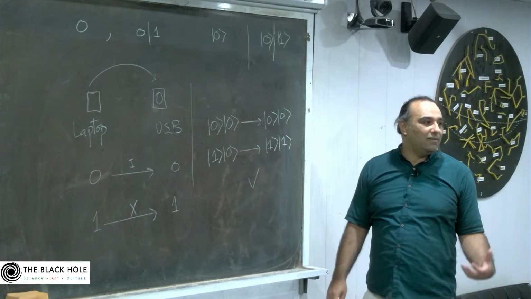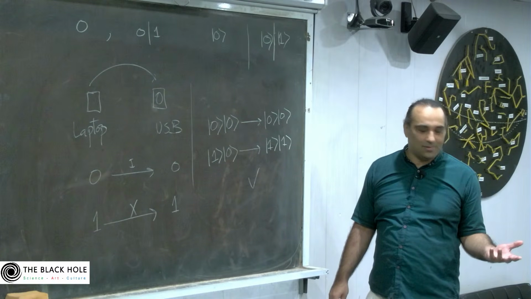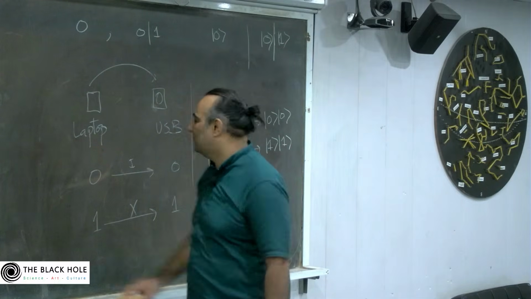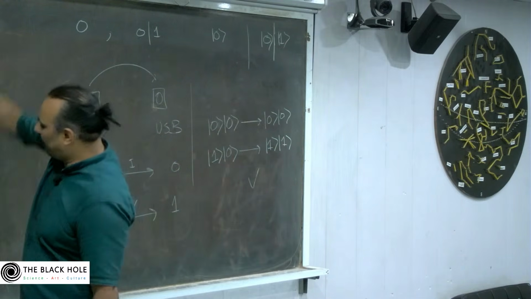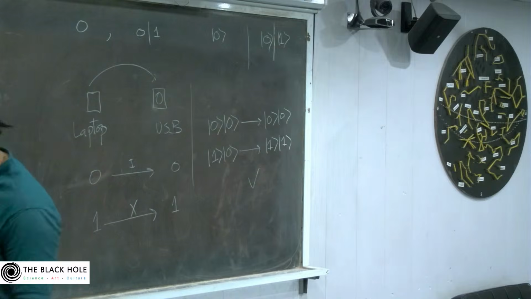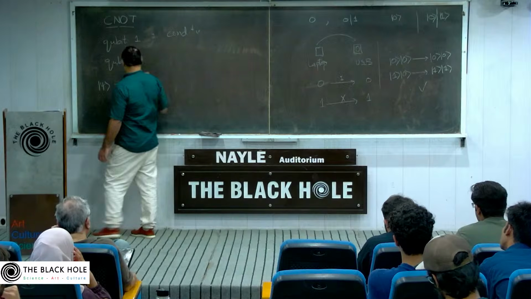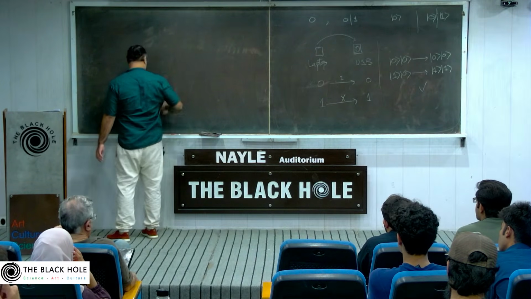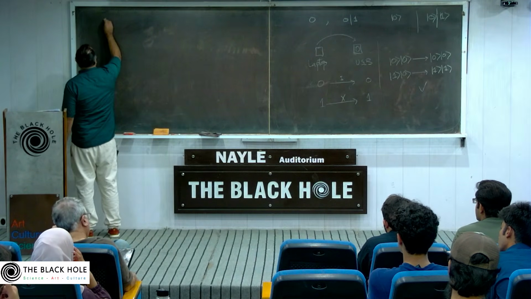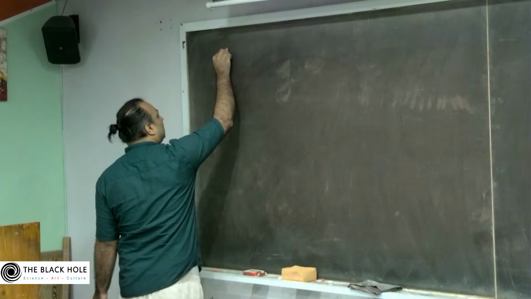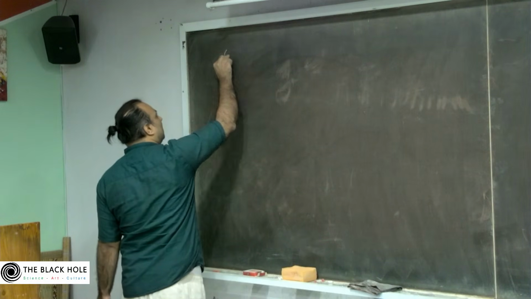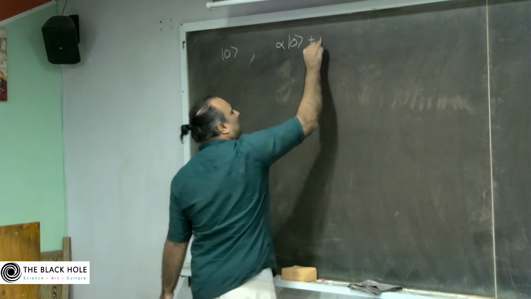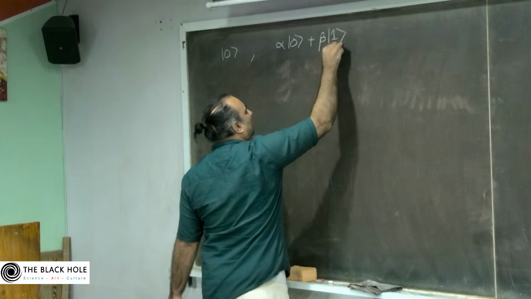But if we have a general superposition, then this fails. Say the state that you'd like to copy is alpha times 0 plus beta times 1.